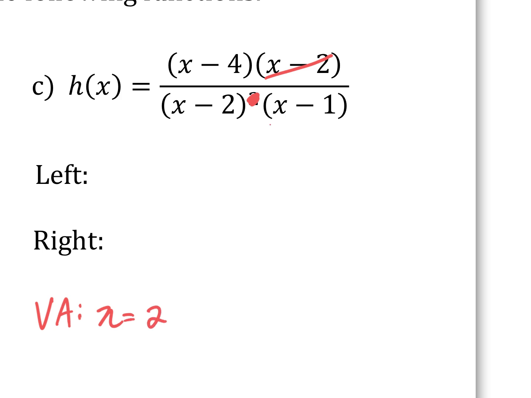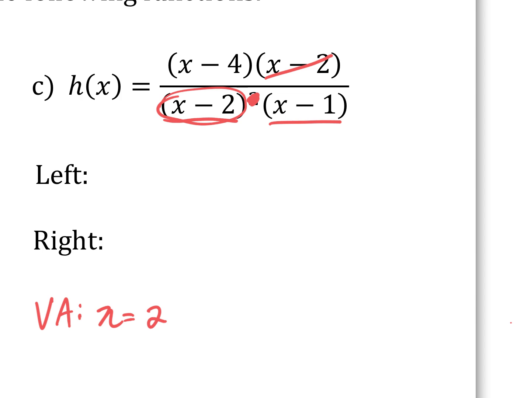There's actually one more vertical asymptote in here, but I'm not so interested in that. I'm more interested in this because there was one common factor on the numerator, and I would like to see what's exactly happening around that vertical asymptote.